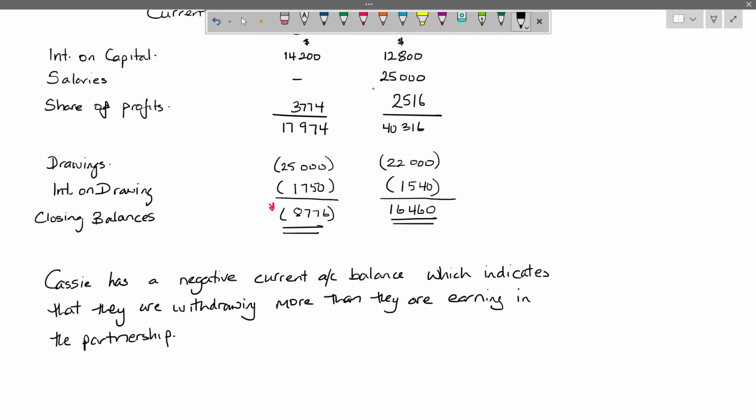Right? So if we look at her earnings, she earned 17,974, but she borrowed a total of 25,000 and had to pay an interest of 1750. So 26,750, and gives us a total of 8,776 in excess of what she's made for the year in the business.